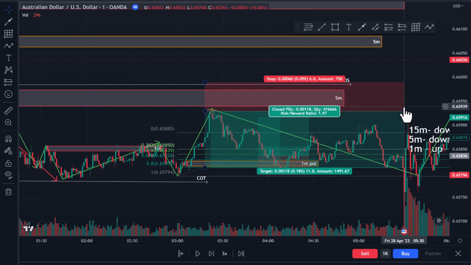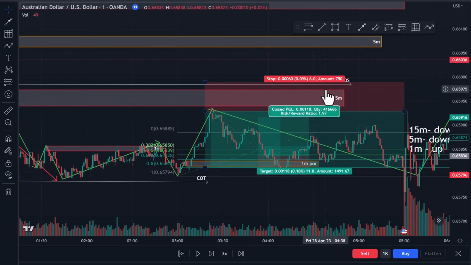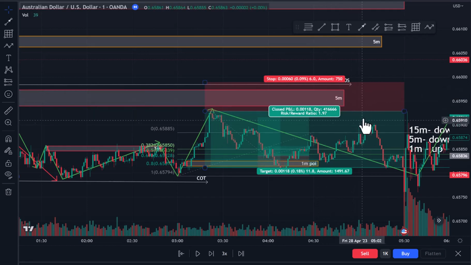We're just moving from one key level to another off of different time frames and focusing on what is currently going on in this current moment. Even though we marked up 5-minute and 15-minute key levels as well, we don't react to them until price gets close.